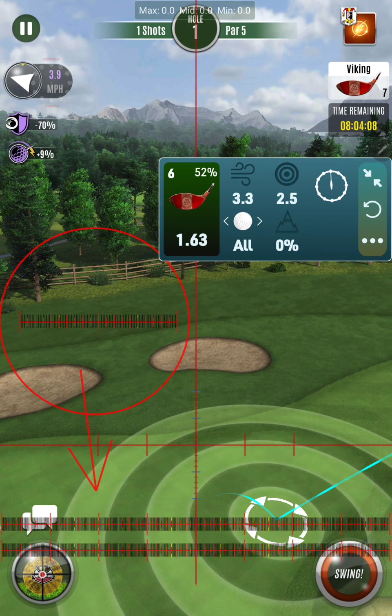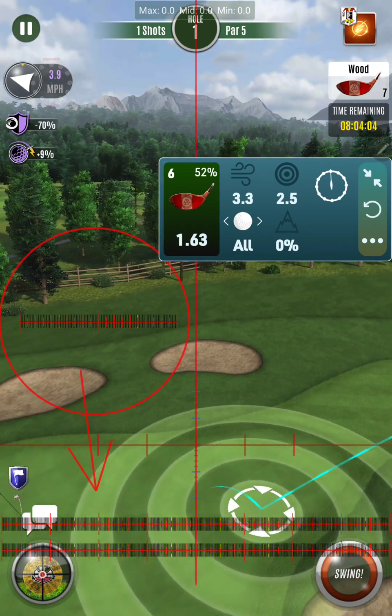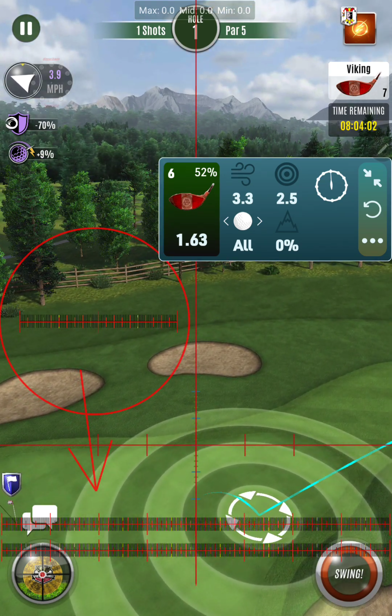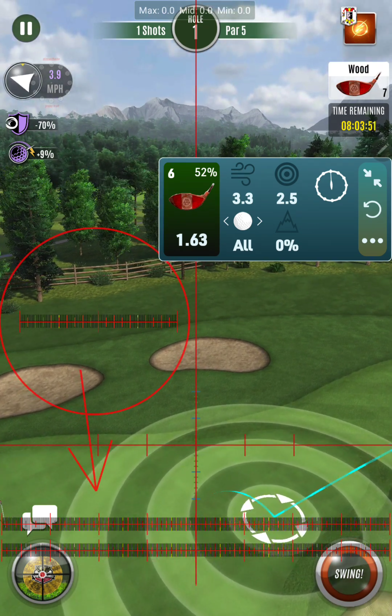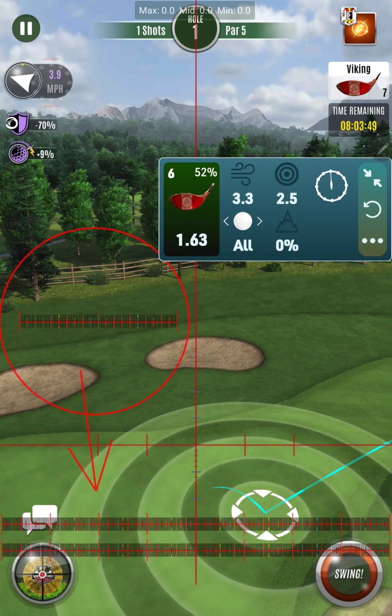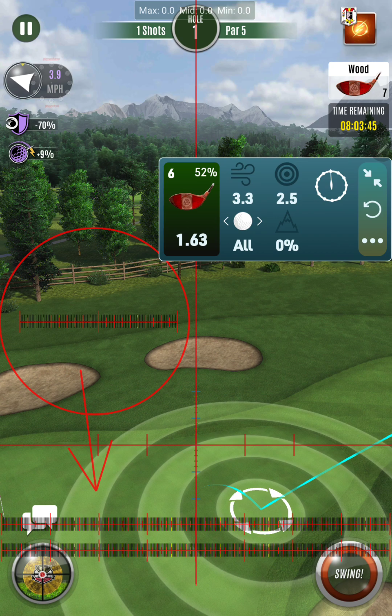So we want to calculate what 52% is of our shot view. Well, we know this is 52%. We want to know what the other 48% is. Alright? So we zoom to where we get a good, nice even number. You could do it with any of these. We could do it at 56 if you wanted, or 46, or whatever.